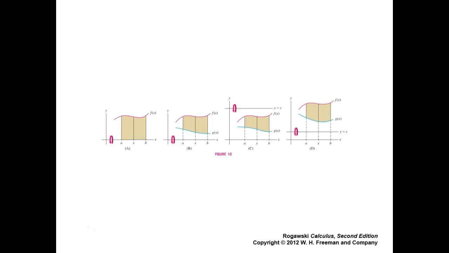Number 4. Which of the following integrals expresses the volume obtained by rotating the area between y equals f of x and y equals g of x, over a to b, around the x-axis? Basically, we're talking about B here.